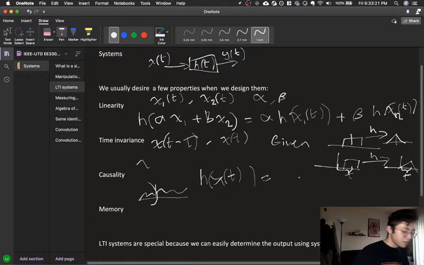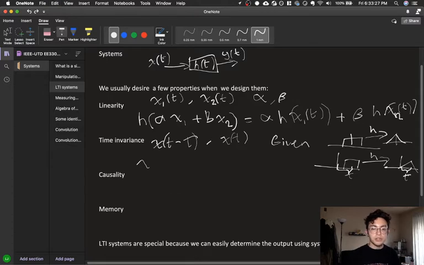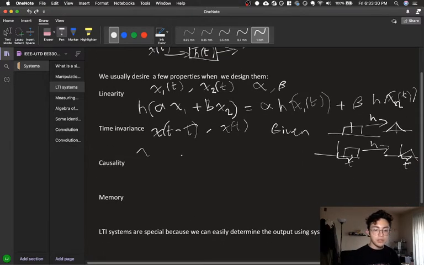What this is going to mean in effect is that the impulse response of our LTI system is going to be zero on one side and not included in the support.